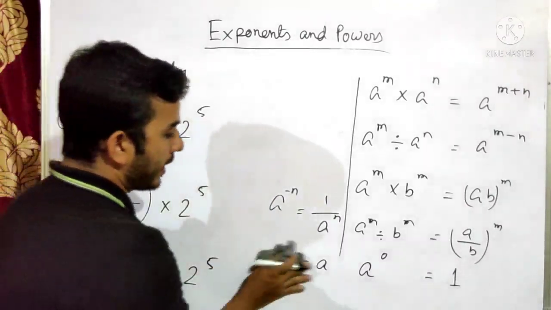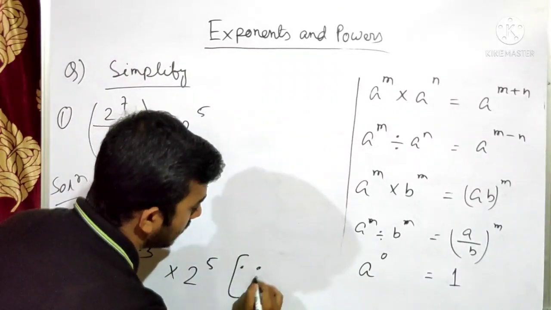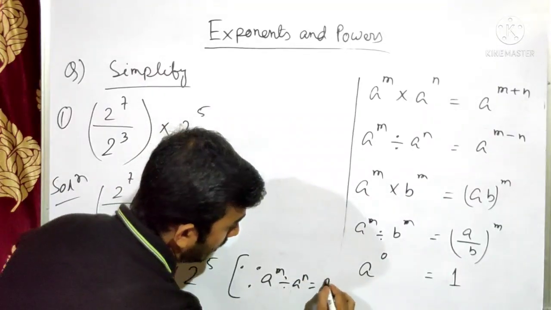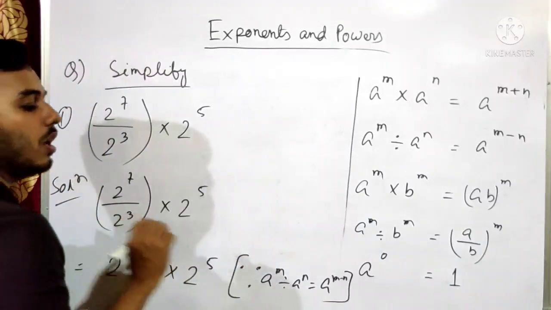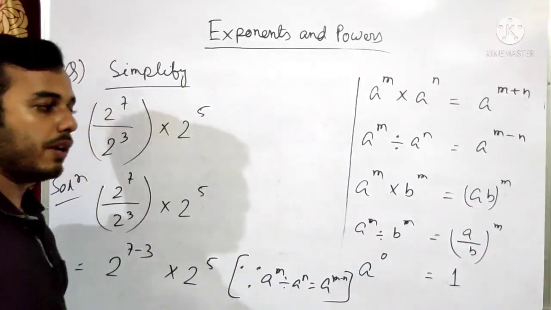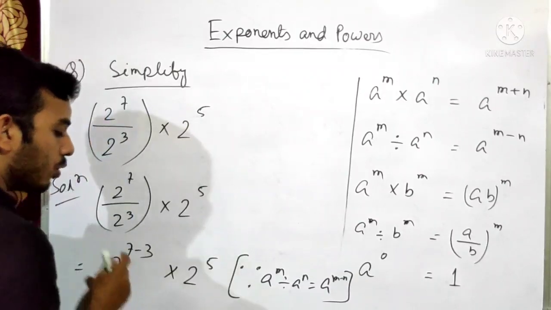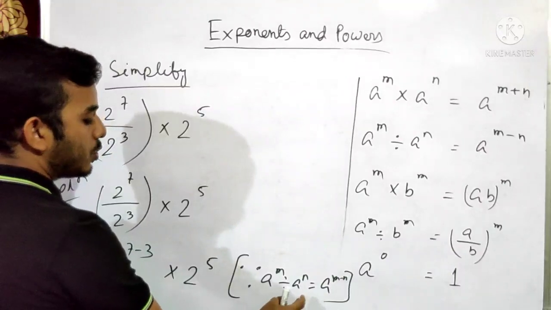In the bracket we'll write: since a power m divided by a power n equals a power m minus n. We have to write this relation. If you write this relation, it will be better for you to remember, otherwise you will forget. Clear? So for solving this we have used this relation, so we have written it here.